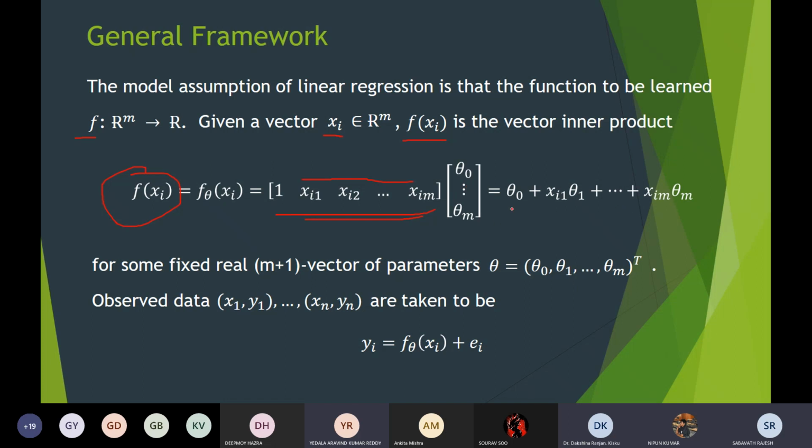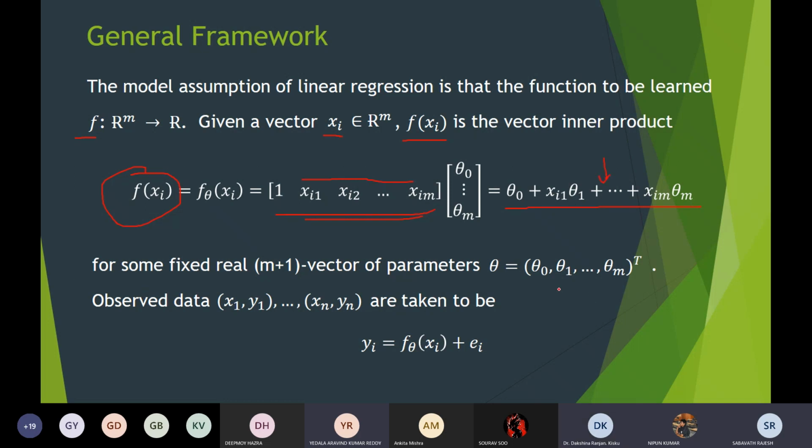So here you may consider theta 0 comparable to the intercept, and the rest of the equation comparable to mx. That is, mx plus c in linear regression. This is your y, this is your c, and the rest of the equation is comparable to mx.